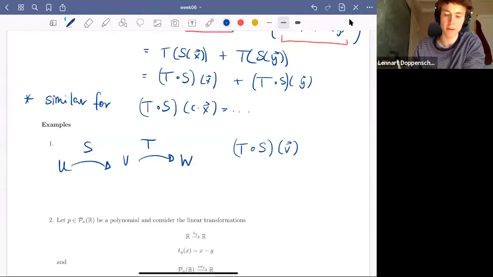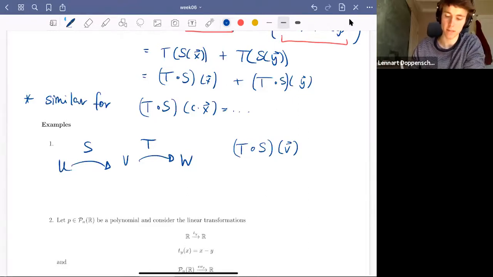Yes, so it doesn't make sense unless W and U are equal.